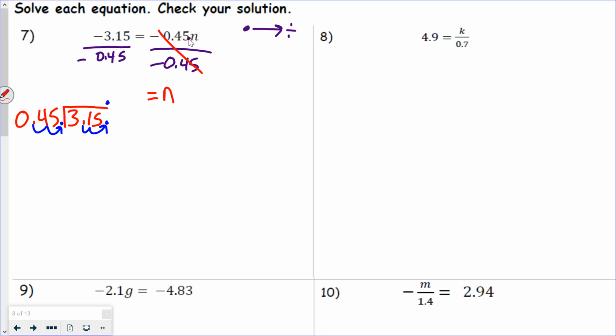I know 45 can't go into 3. It can't go into 31, but it can go into 315. So we just need to find out how many times 45 can go into 315. Once you think you know what that answer is, put it in the chat.